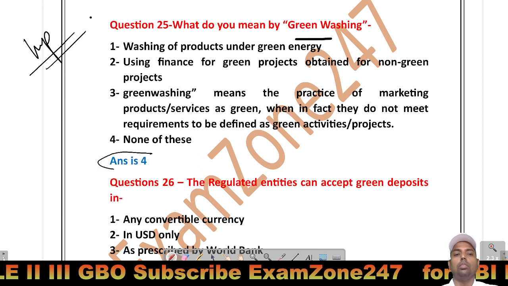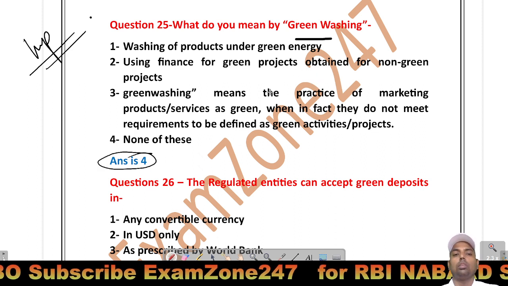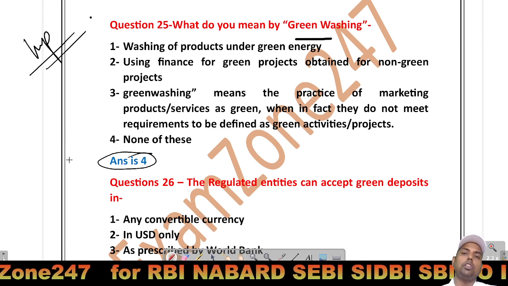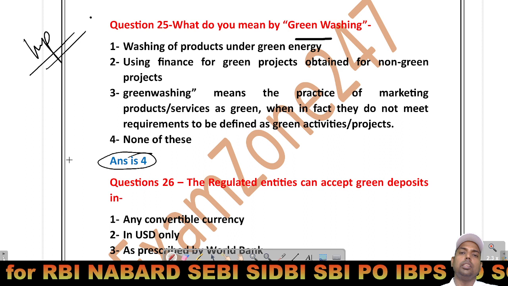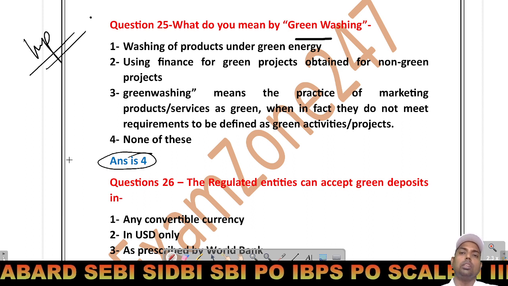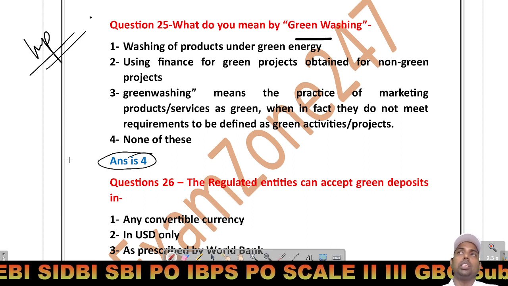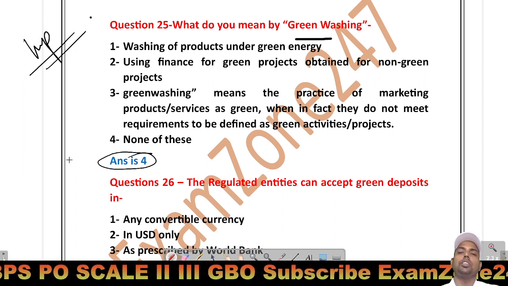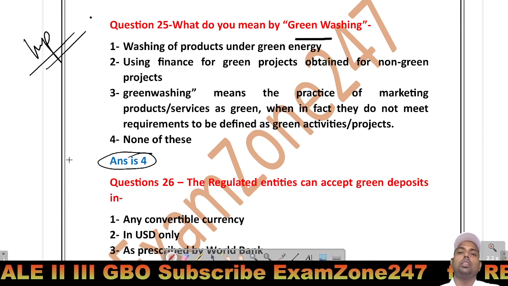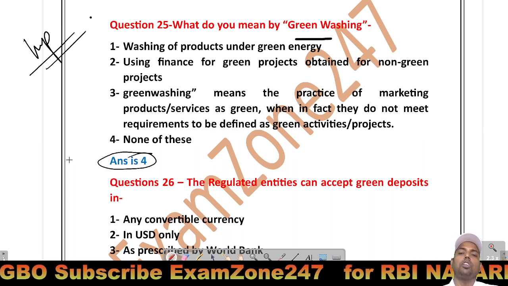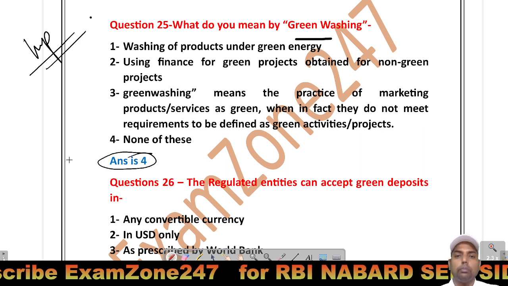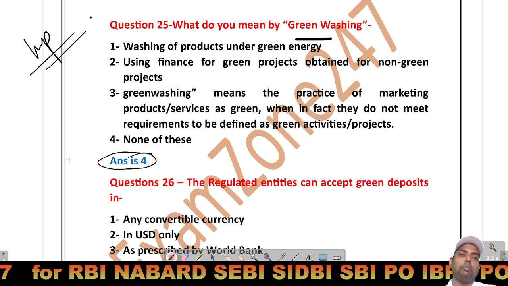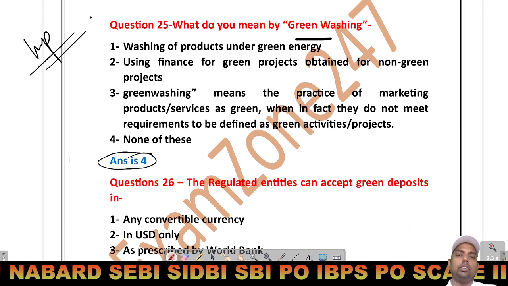Okay, greenwashing means sometimes you collect the deposit for the purpose of green energy, green projects. ठीक है, green projects means projects for water conservation, soil conservation, like this, specifically for sustainable development projects. Okay, but you use or siphon it for a different purpose, that is called greenwashing.